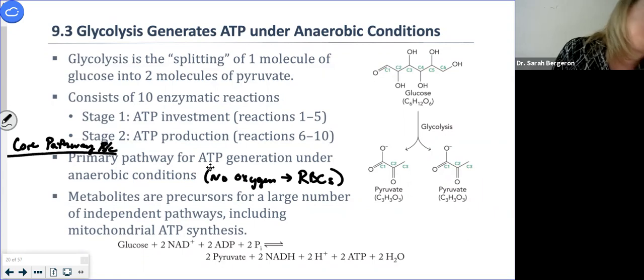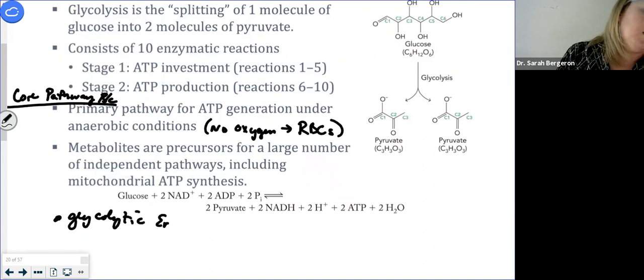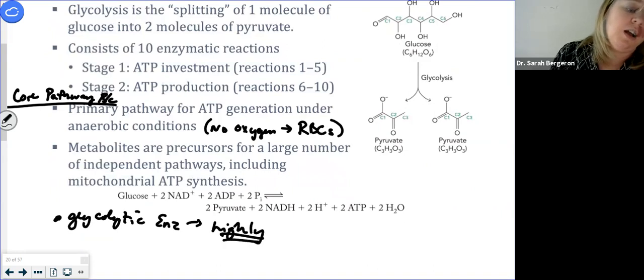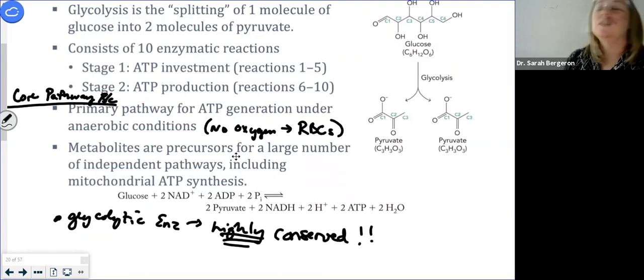is that these glycolytic enzymes are so highly conserved. So when we say highly conserved, what does that tell us? That we, as very complex organisms, have these enzymes, and we have really high homology.